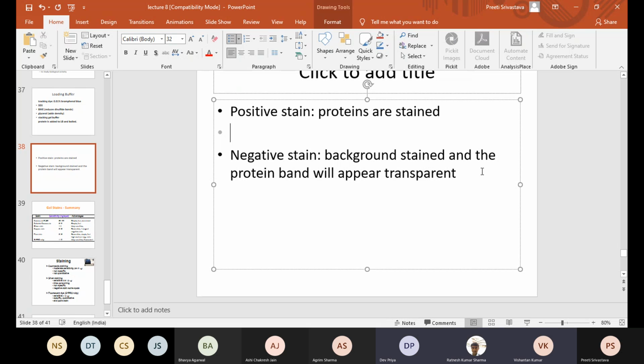Ma'am, how do they take these proteins for further analysis? Like if they are in the gel, then how do they remove the proteins? Right, so we are going to discuss this in the later classes, Vishantan. There are ways. The technique is called gel elution. So we can cut the desired band and then we can elute the protein out.